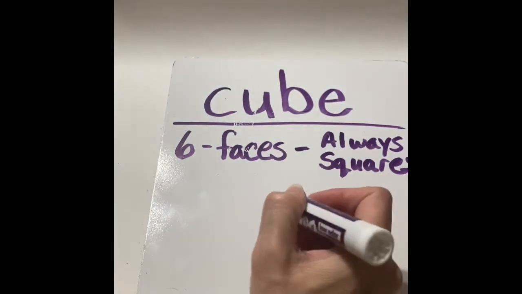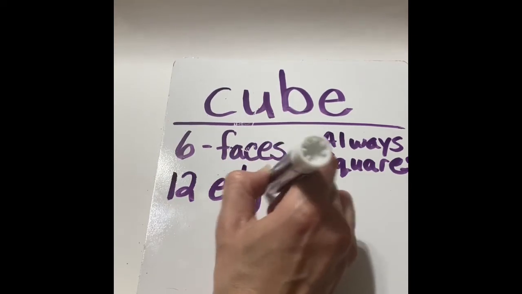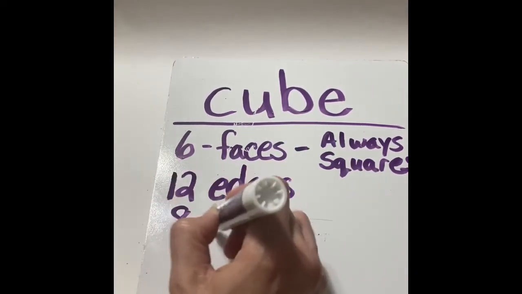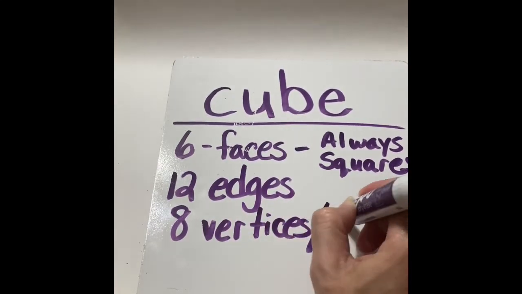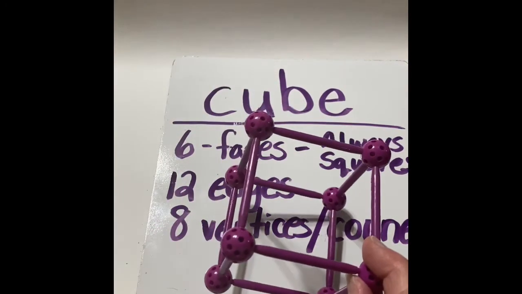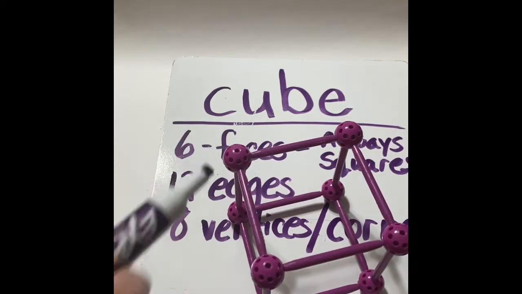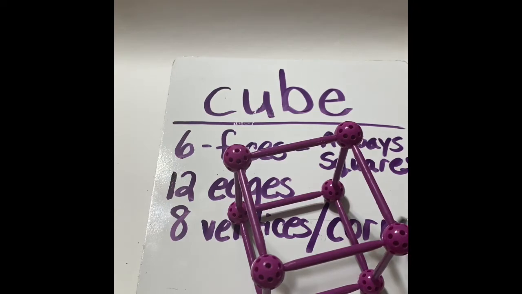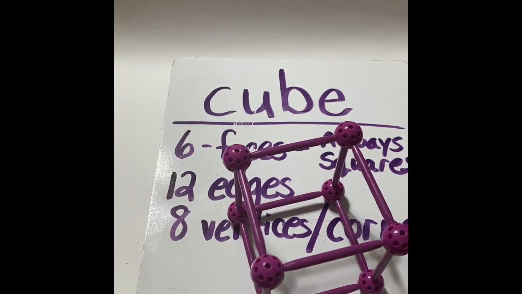A cube also has 12 edges and 8 vertices. And in the video, they also called the vertices corners. Here's an example of a cube showing the vertices and the edges. You can see that we have 1, 2, 3, 4, 5, 6, 7, 8 vertices, and we have 12 edges.